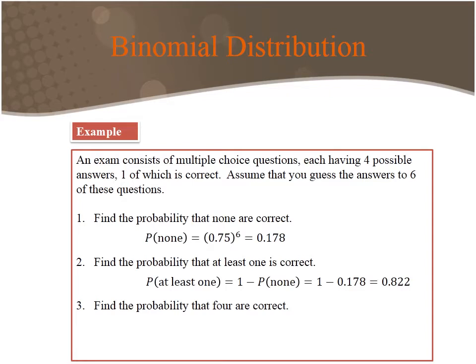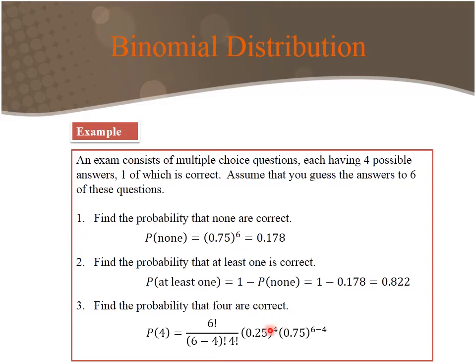So using that formula, we can now answer the probability that we answer 4 correctly. So the probability of 4 will be 6 choose 4, times the probability of success, which will be 0.25, 1 out of 4, because there are 4 possible answers and only one of them is correct on each question.